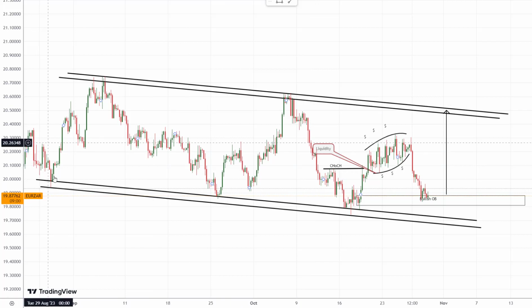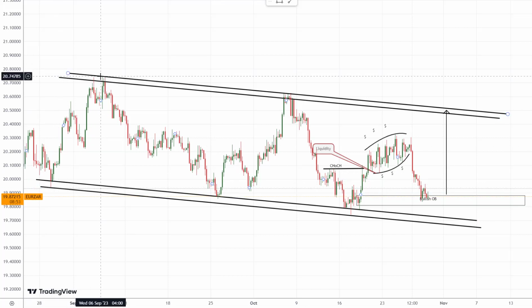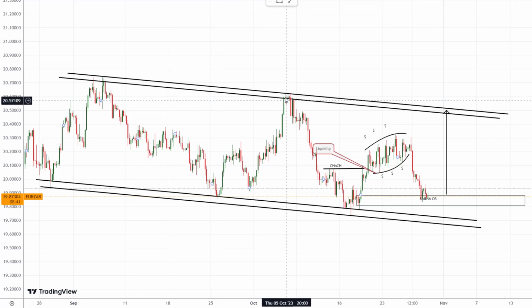You can see price comes, forms a low here, it pushes high, forms a high here. Pushes down, prints a low which is lower than this low, a lower low, pushes up, forms a high which is lower than this previous high, a lower high, pushes down again.